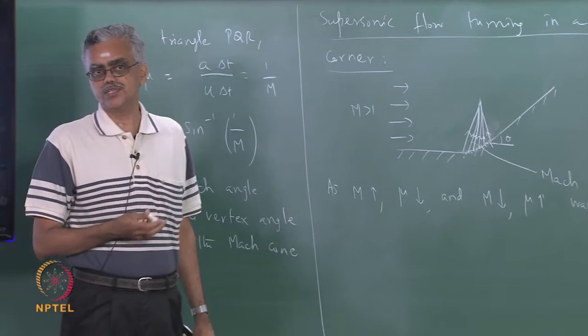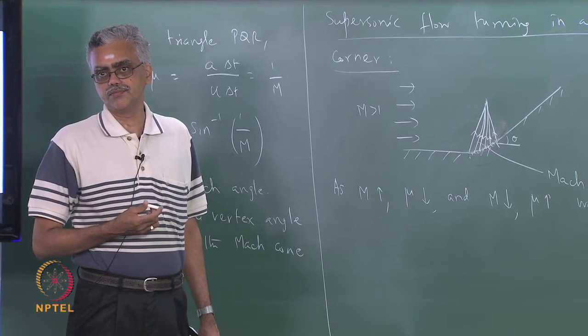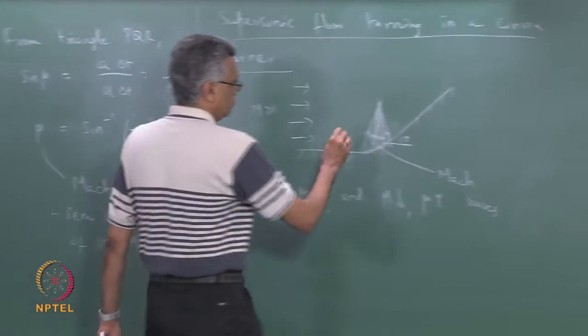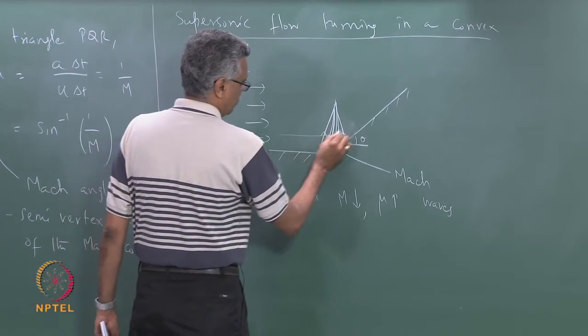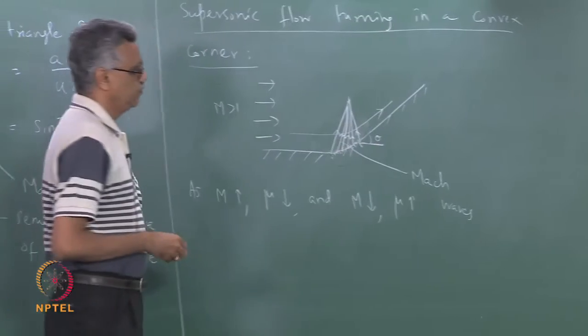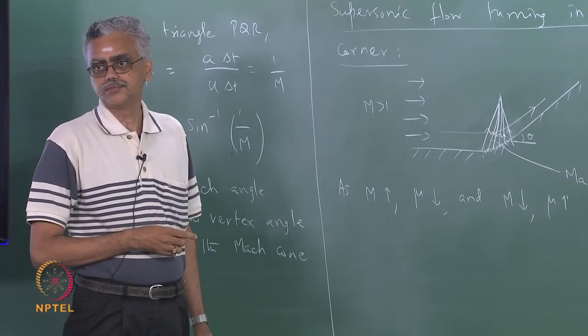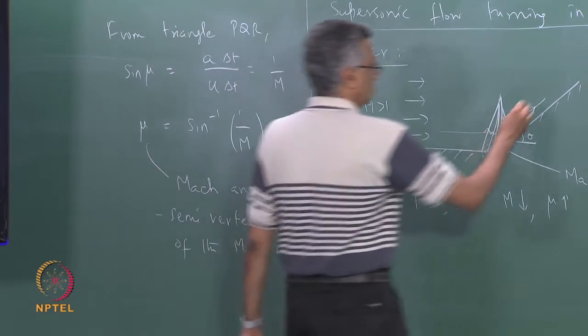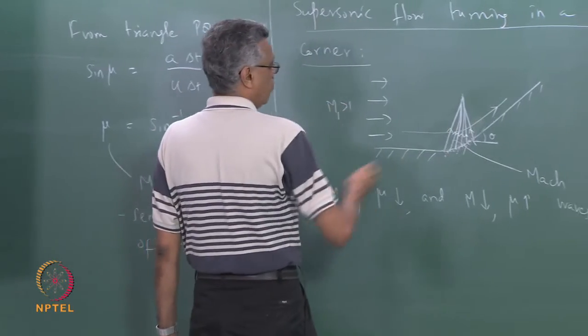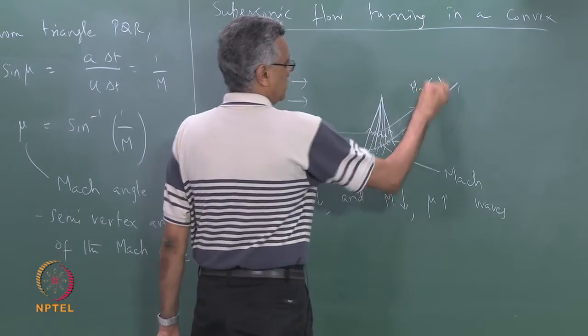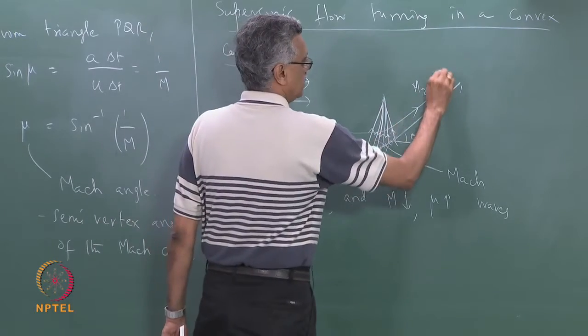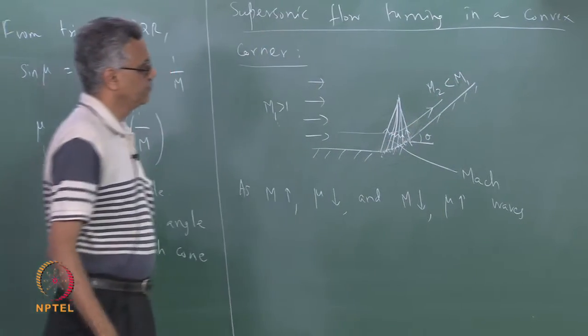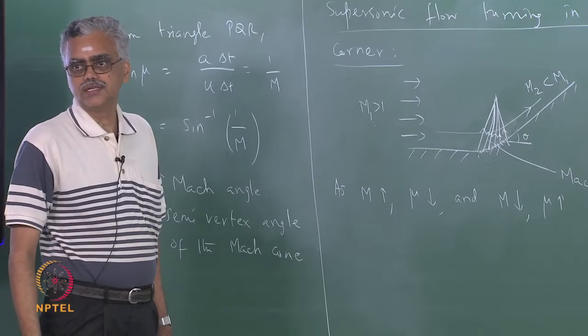That is why I keep emphasizing point disturbance. So the flow, if you look at a streamline, goes through and is deflected through an angle theta. If I call this M1, then M2 is going to be less than M1, probably greater than 1 in a corner like this.